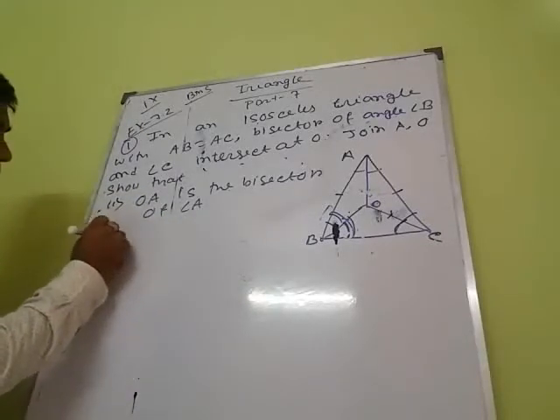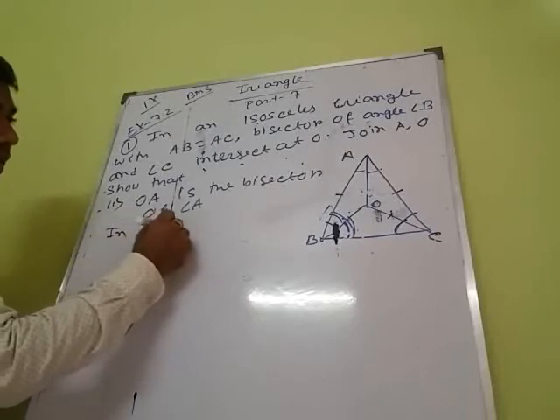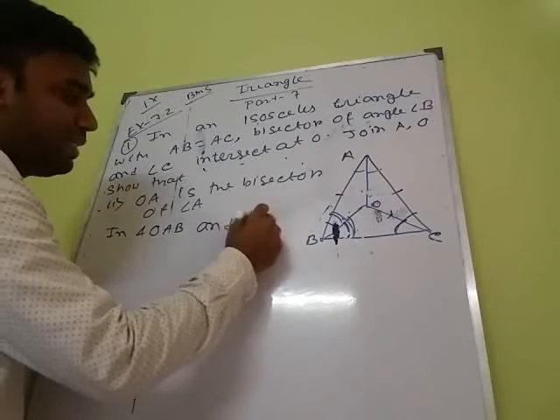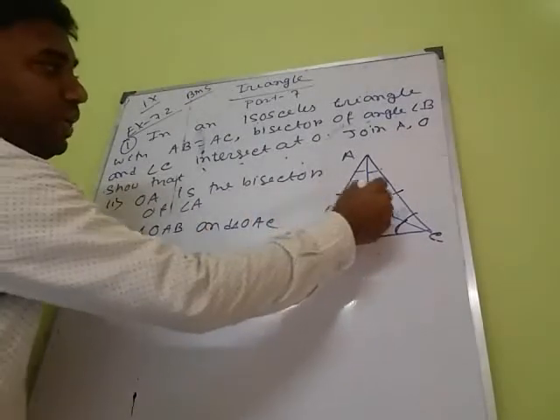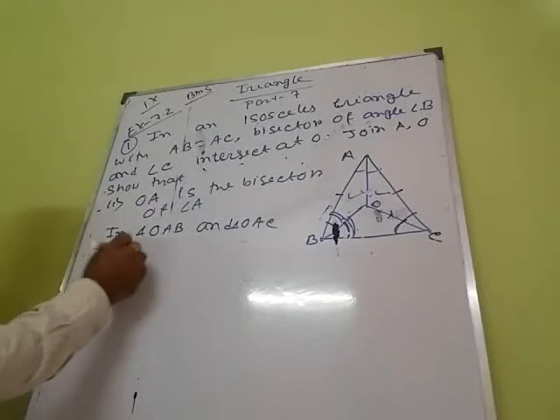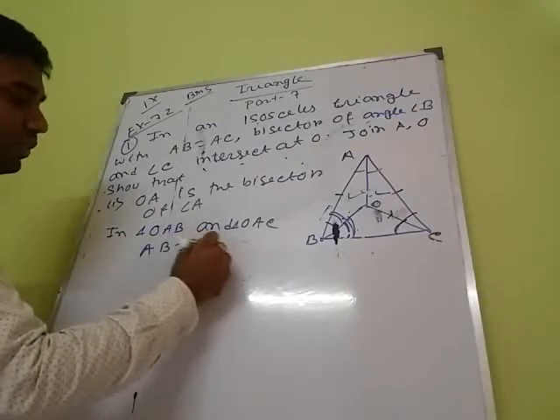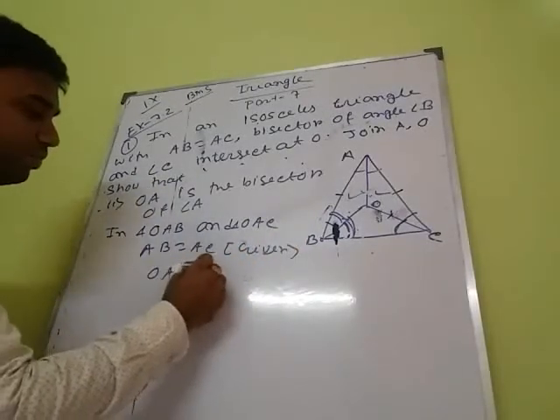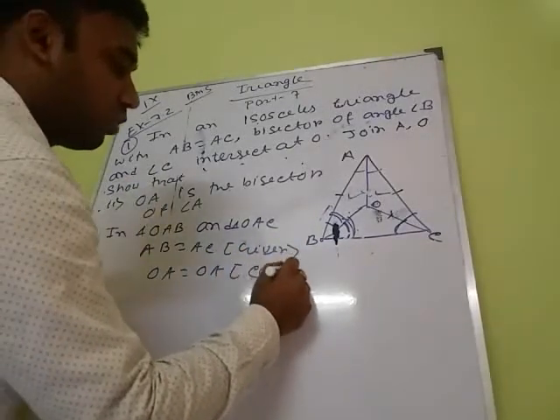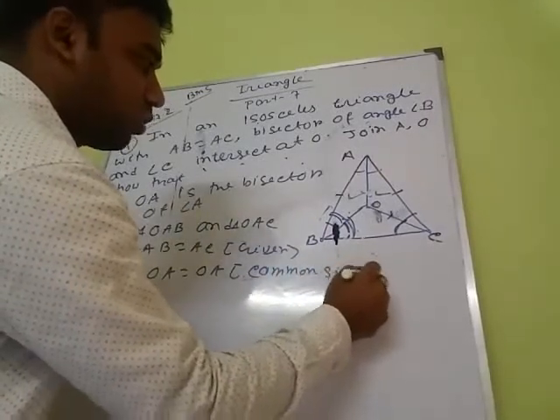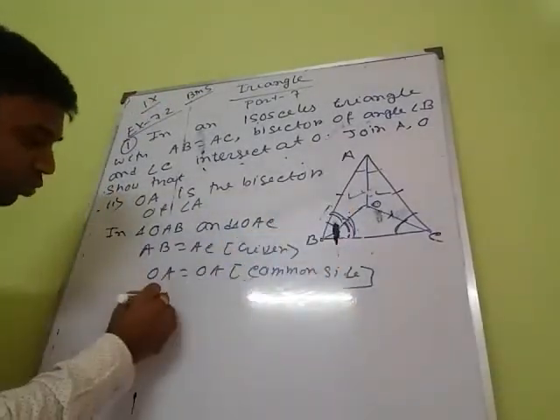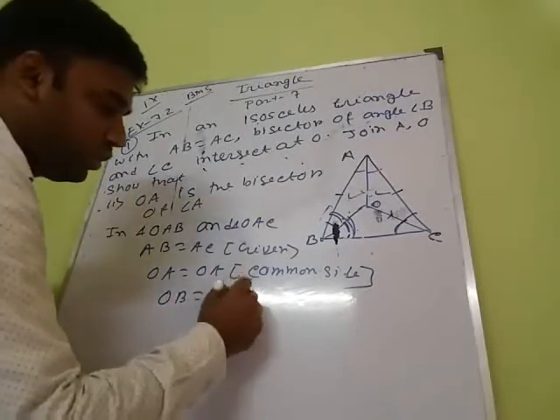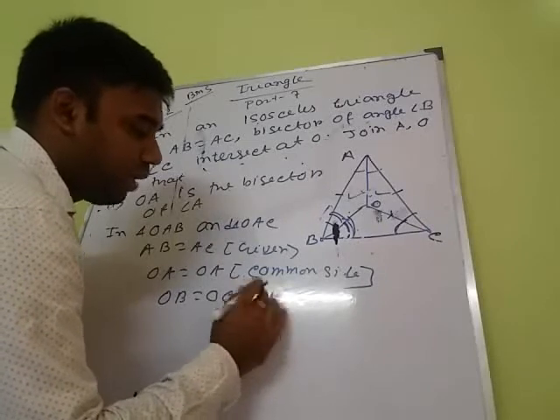Now students, in triangles OAB and OAC: AB equal to AC, given. OA equal to OA, common side. And OB equal to OC, we have proved this in the first part.